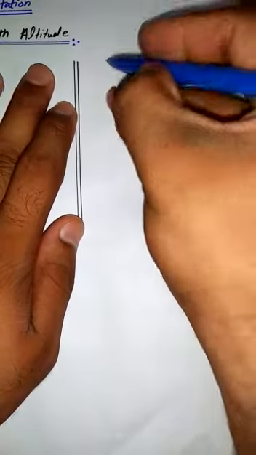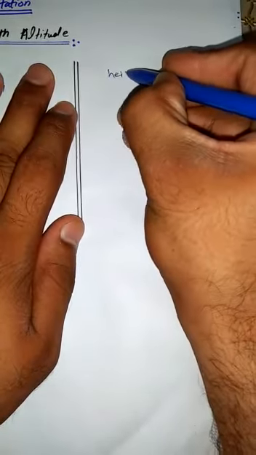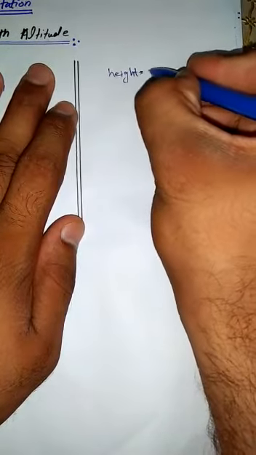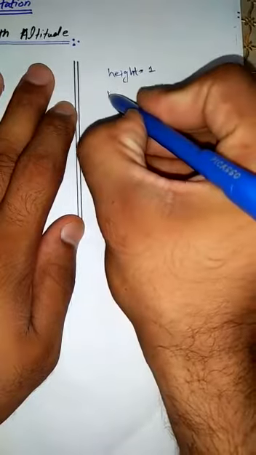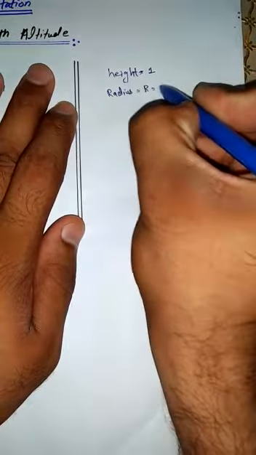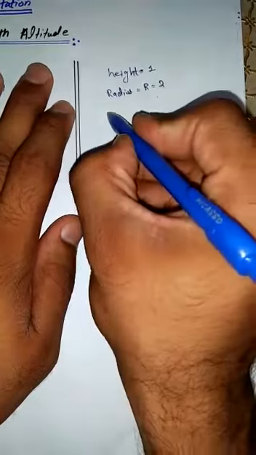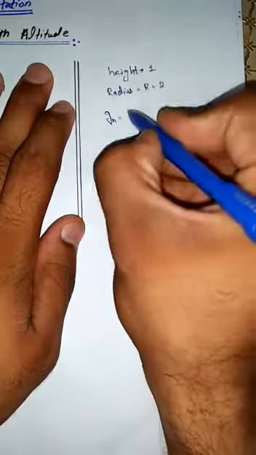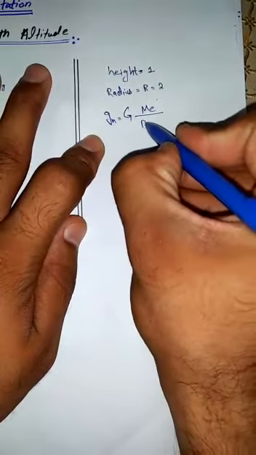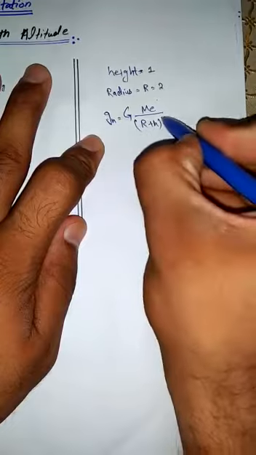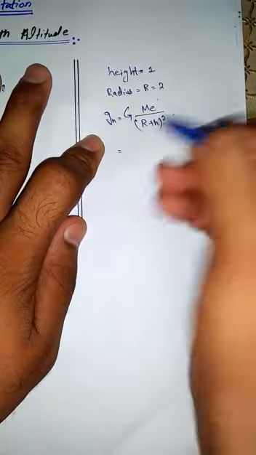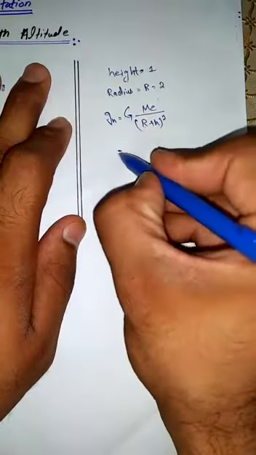Here we take height equal to 1, putting the values in Me over r plus h whole square. These are constants and I will write them at the end for the formula completion.